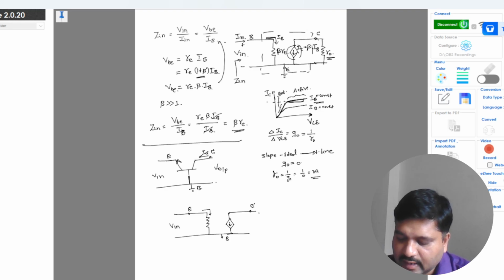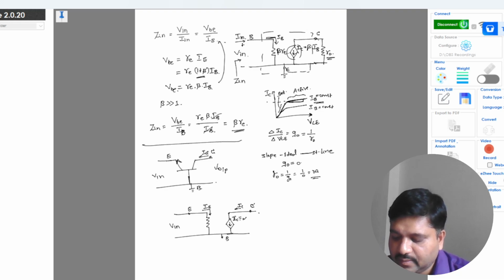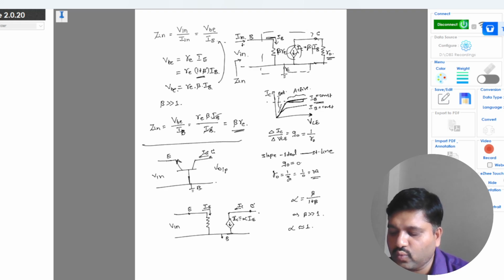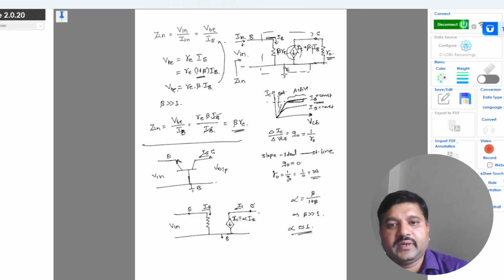So my input current is IE, but the output current will be IC. So IC will be alpha times IE. So alpha is nothing but beta upon 1 plus beta. As beta is very large compared to 1, alpha will be almost equal to 1. Theoretically it will be equal to 1, or practically it will be slightly less than 1.